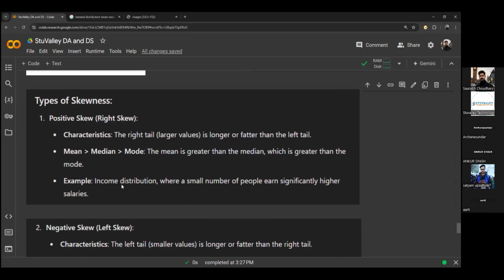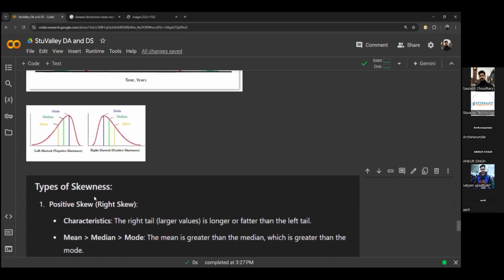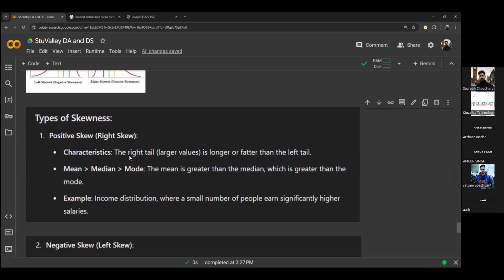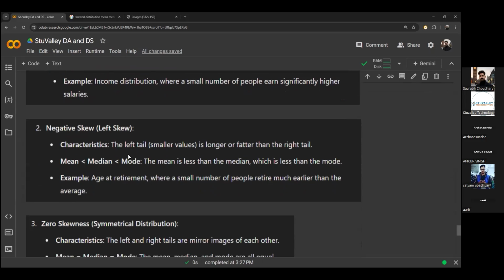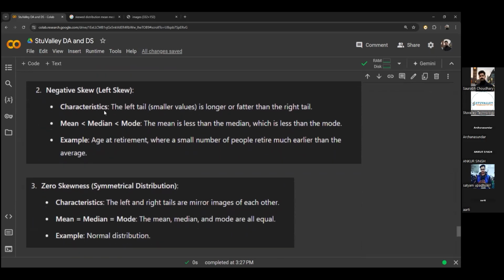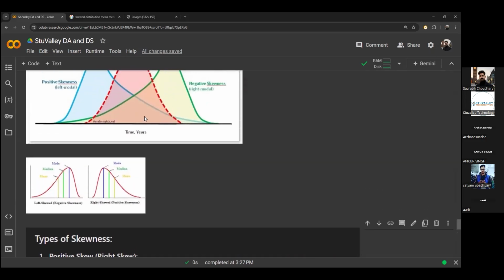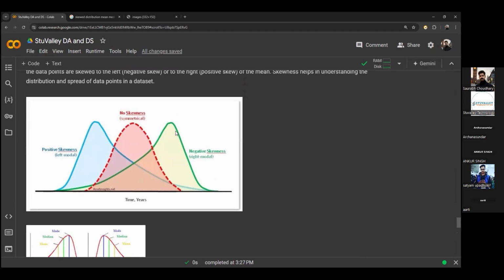तो किसी का इनकम डिस्ट्रीब्यूशन होता है where small number of people are significantly higher salaries. ठीक है, तो हम लोग ऐसा बोल सकते हैं कि कुछ नंबर ऑफ पीपल आर अर्निंग हायर, most of them are earning lesser. ठीक है, हमारा नेगेटिव स्क्यू में होता है हमारा ये the left tail, ग्रीन वन, the green one.